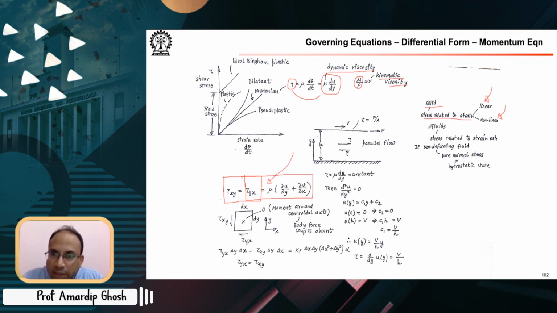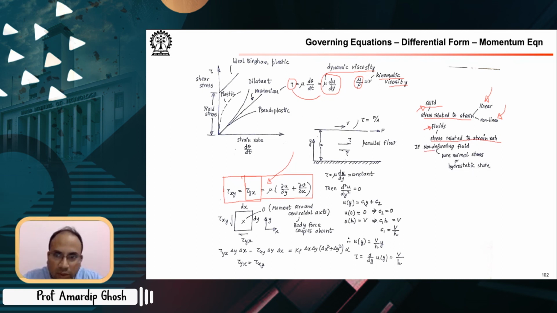In fluids, on the other hand, this is a very important distinction. So if someone asks you what is the difference between solids and fluids, of course this may not be the first answer you should give. There are other differences between solids and fluids, but this is also one of them, that stress is now related to strain rate.